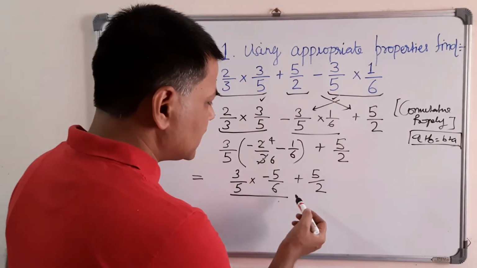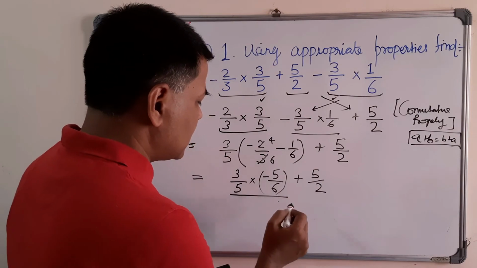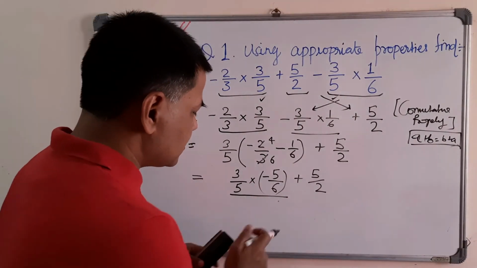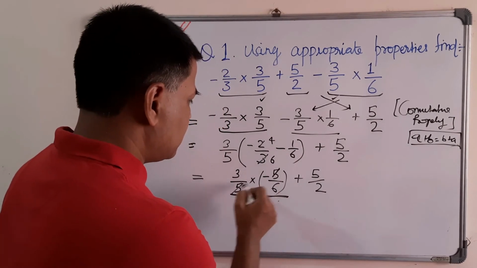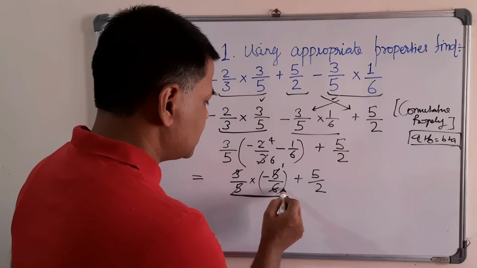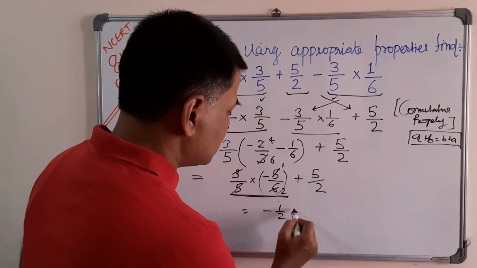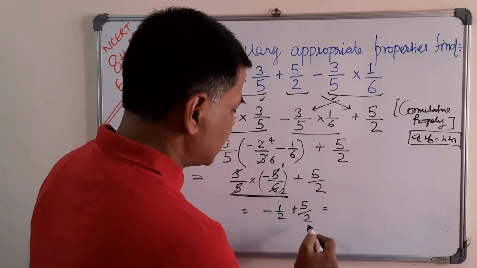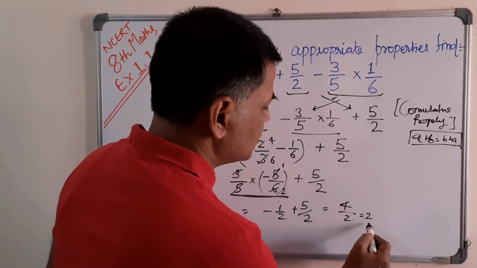Again, don't get confused with the plus or this multiplication sign here, because remember the preference. This is a multiplication sign, so we are going to solve this first. 5 into 1 is 5, 3 into 2 is 6, so this will become minus 1 by 2, and we have 5 by 2. That will finally be 5 minus 1, 4 by 2, and the answer is 2.